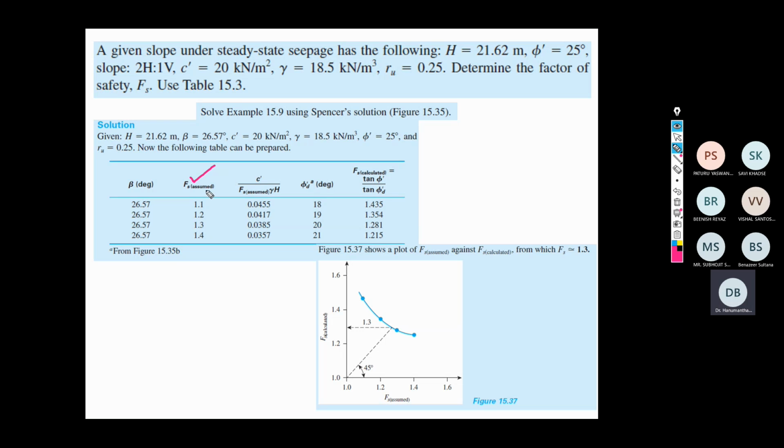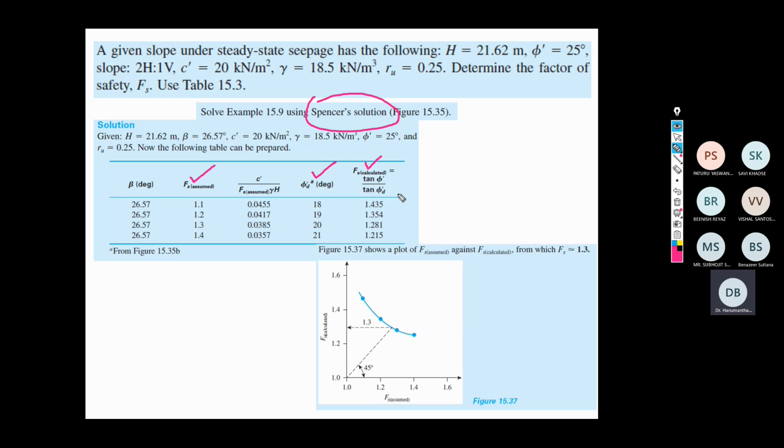For the assumed value, you calculate the ratio of c dash by Fs into gamma h. For the calculated c dash by Fs into gamma h, from the graphs given by Spencer, you pick up the value of phi dash d. Once phi dash d has been picked up from the graph, you calculate the Fs calculated, which is the ratio of tan phi dash by tan phi dash d.